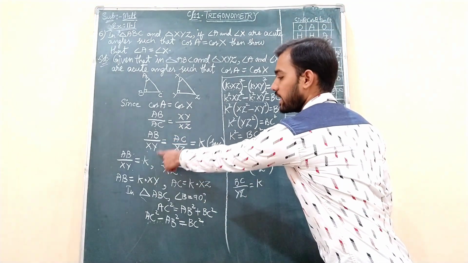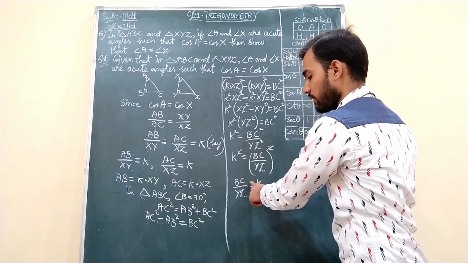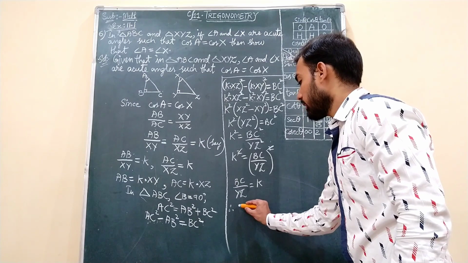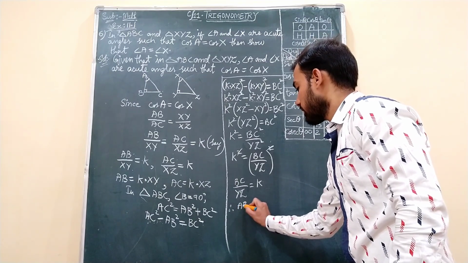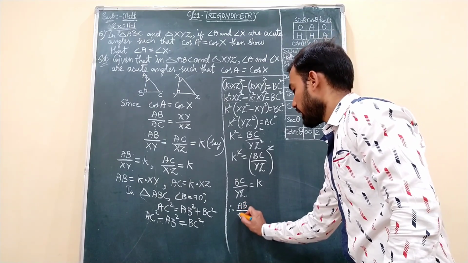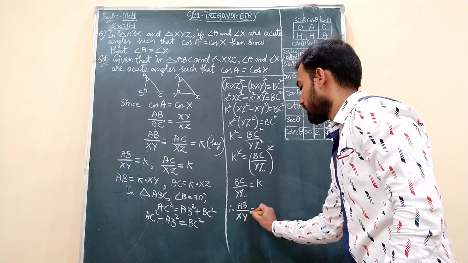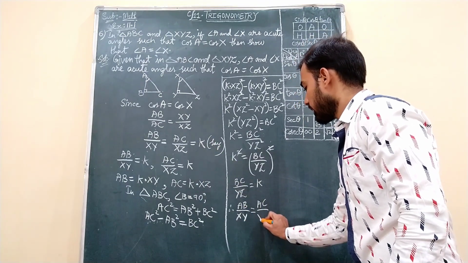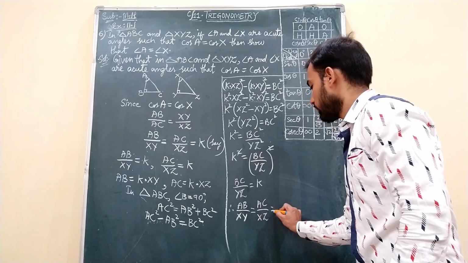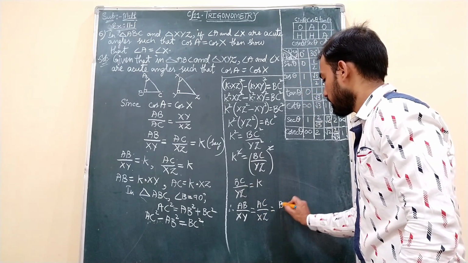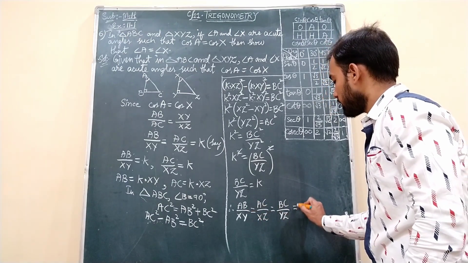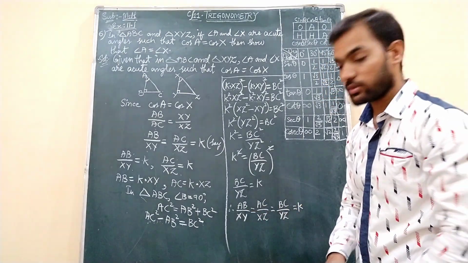Here we are having AB by XY, AC by XZ is equal to K. Here we got BC by YZ is equal to K. Therefore, I can say that AB by XY is equal to AC by XZ is equal to BC by YZ. They all are equal to K. Understand students?